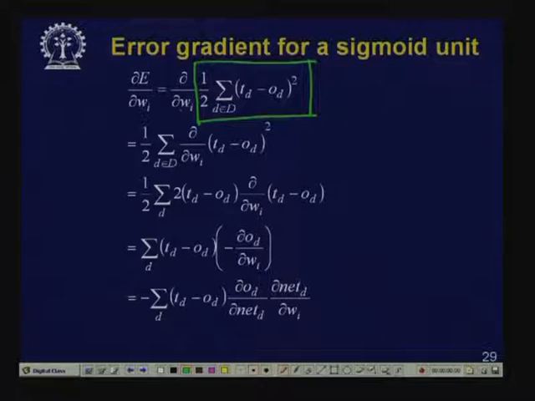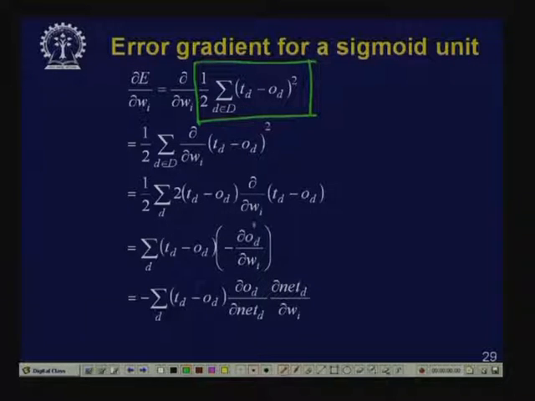Now, if we differentiate it with respect to Wi, first of all we can do some arithmetic manipulation. We can bring half outside the sigma, and we get half sigma del del Wi of Td minus Od whole square. Then differentiating this, we get 2 into Td minus Od times del del Wi of Td minus Od. By change of variable, we get this.